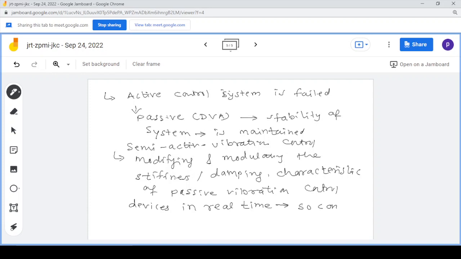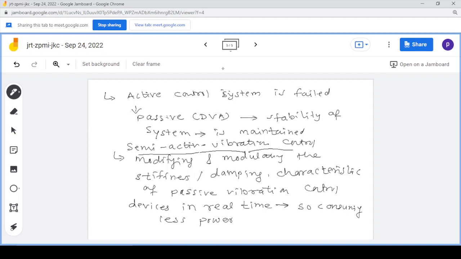So there are certain devices which are modifying the stiffness and the damping characteristics suitably by consuming a small amount of power. So those systems are called semi-active vibration control techniques. Okay.